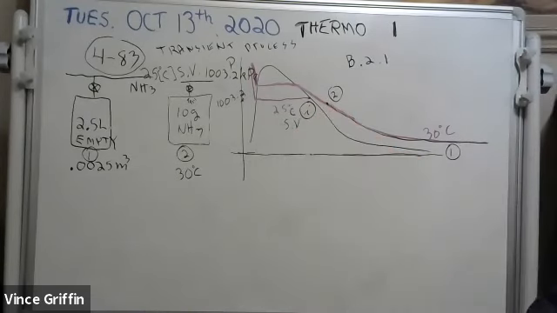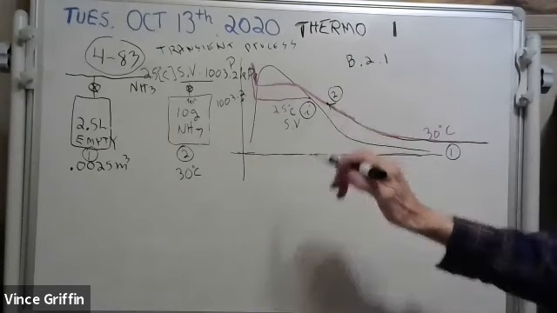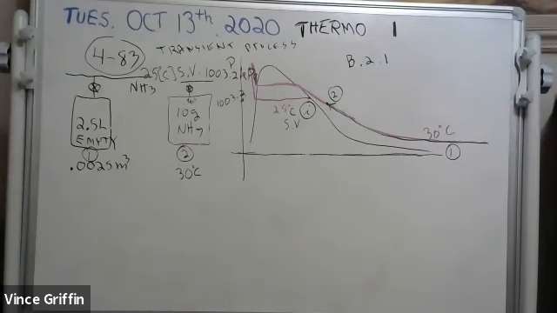Probably state 2 is right there. Put an arrowhead on it. Ta-da, there you go. Okay, now what? We've tried to do our device sketch, our PV diagram, and label everything. What's next?